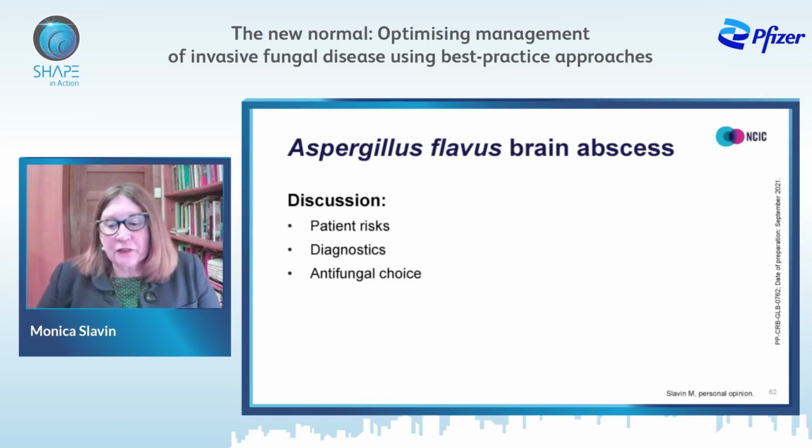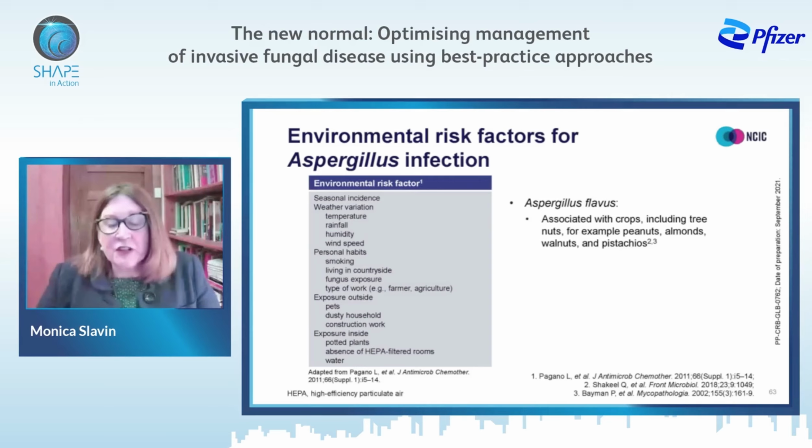So I'd like to talk a little bit about Aspergillus flavus brain abscess in this patient, which was a rather unexpected finding. I'll talk a little bit about risk, diagnostics and antifungal choice. So we know that this patient was potentially exposed to Aspergillus in their environment.